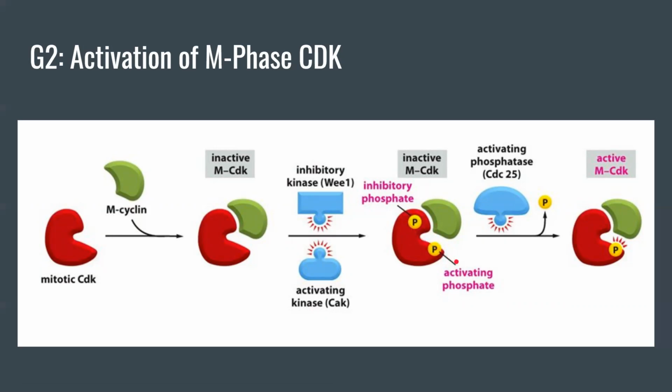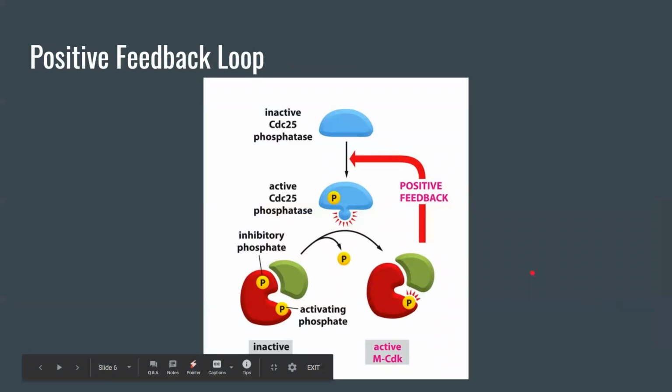Then when the cell is ready to enter M phase, G2 is all set, CDC25, also known as an activating phosphatase, takes off this WEE1 inhibitory phosphate. Now the only phosphate left on this MCDK complex is the activating phosphate that was put there by CAK. So now this active MCDK can go off and do its thing. And then there's the feedback loop that causes the levels of this complex to rise quickly.